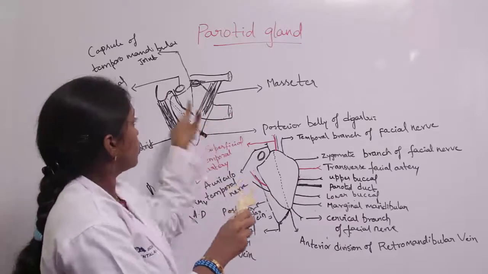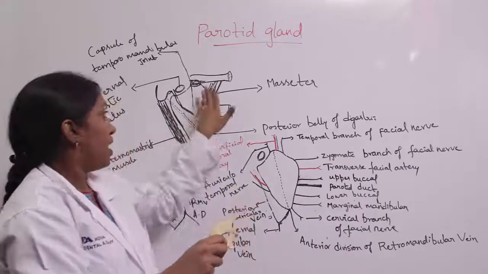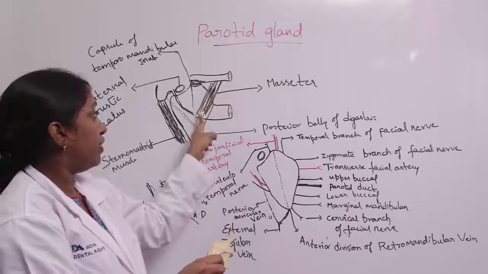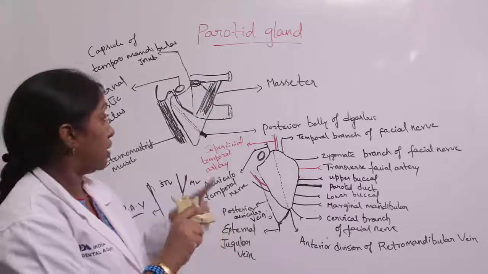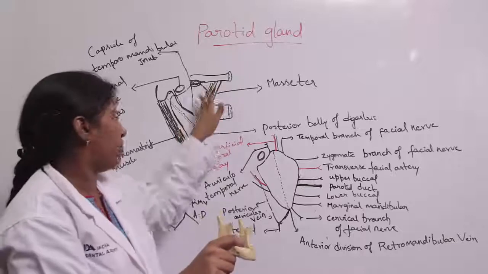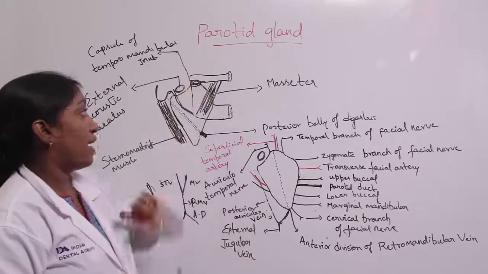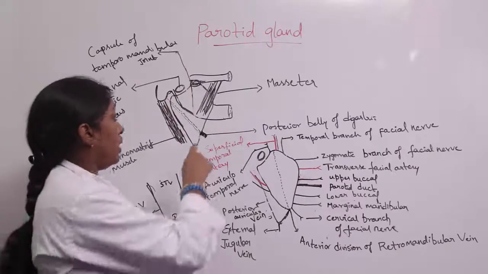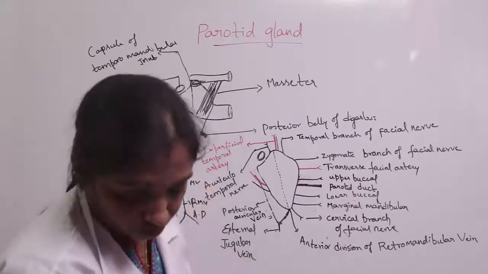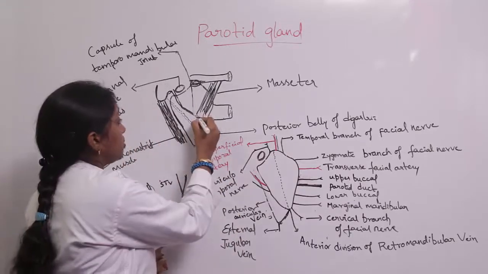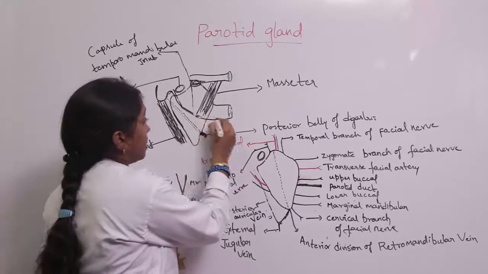Here is the section of mandible. So the anteromedial surface is related to the inferior part of the ramus of the mandible, the inferior part of the masseter, and also the posterior part of the temporomandibular joint, and also the medial pterygoid muscle.